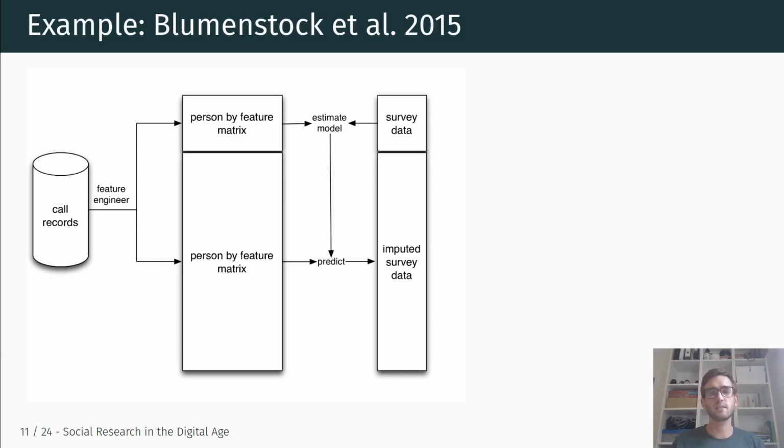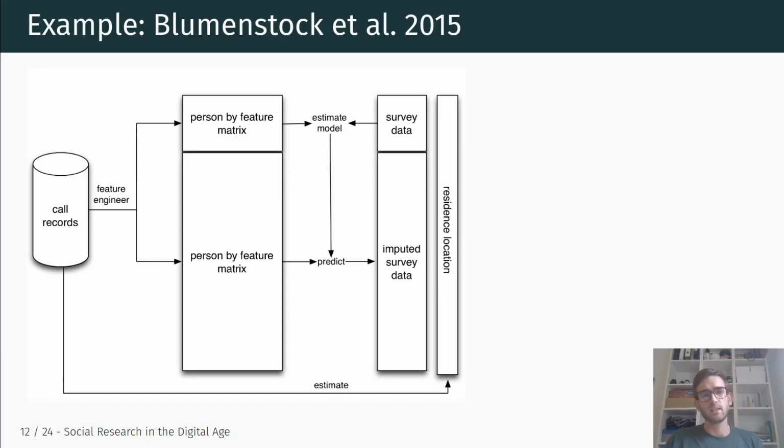So the idea is, based on the learned relationship between the features in the call records and the survey responses in the survey that they actually ran, they can then impute the information that they didn't collect about people that they didn't ask, based on what they can observe about their call records.